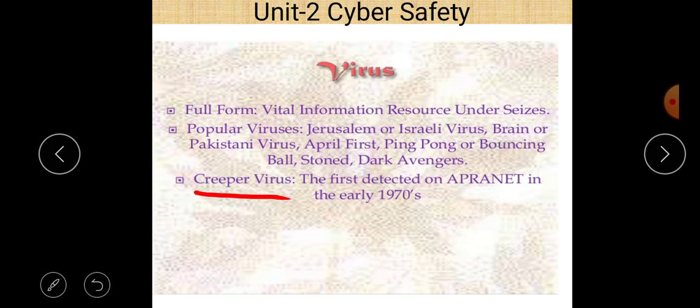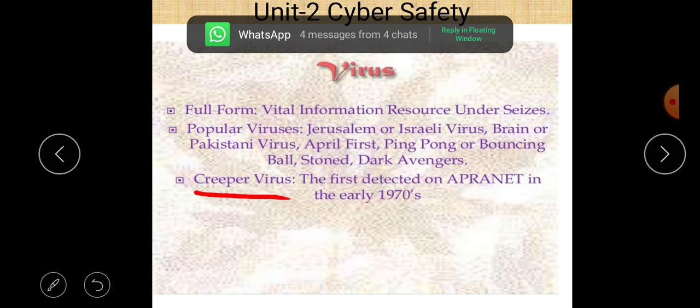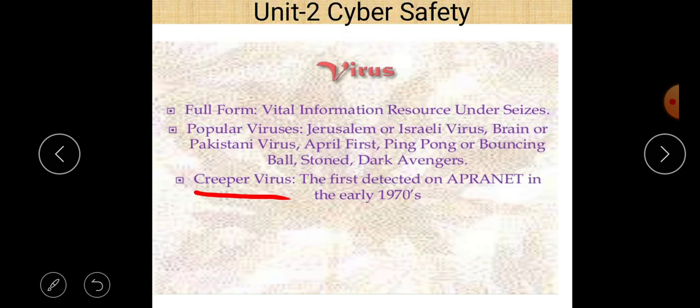This is a very important point. Creeper virus is one of the important and first viruses that was introduced. There are some important points related to that. First one is the full form: vital information resource under siege. Second is the names of the viruses.